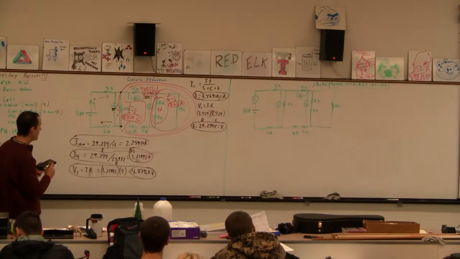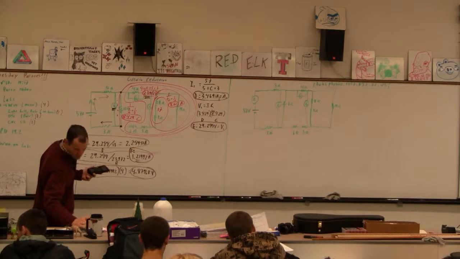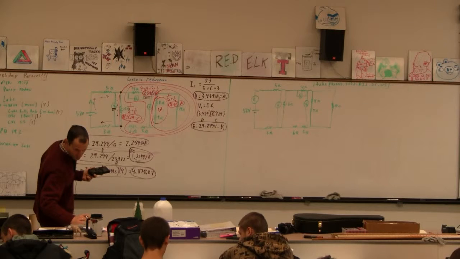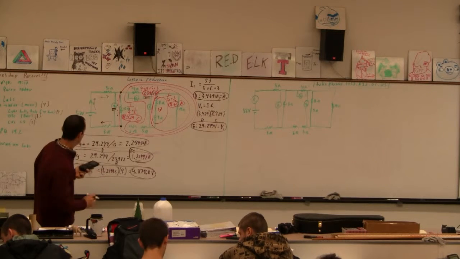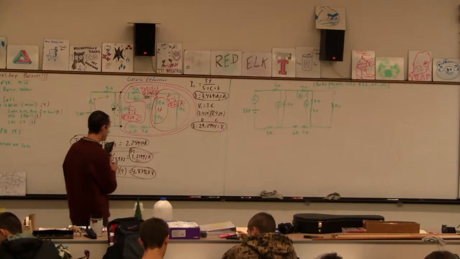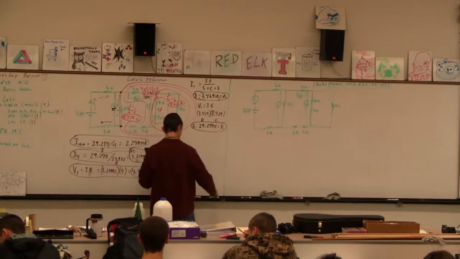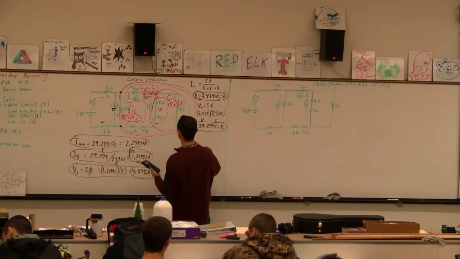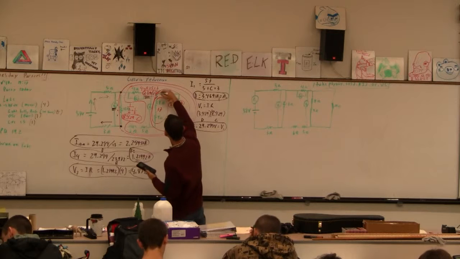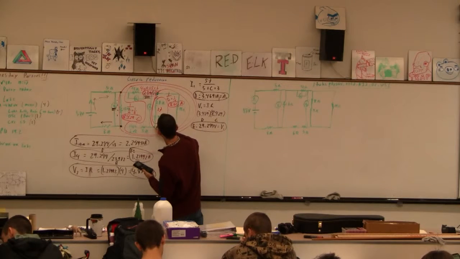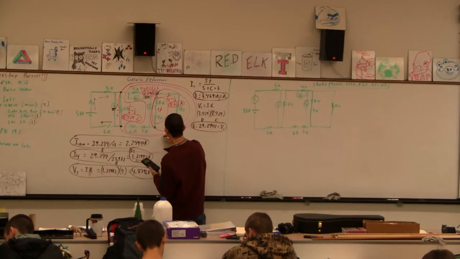Okay, and then we've got everything. We need V3. V3 will let us solve for the current through the 9 ohm and the 19 ohm. V3 is the voltage from here to here, and I'm going to use IR.